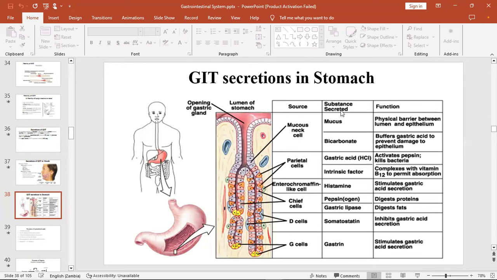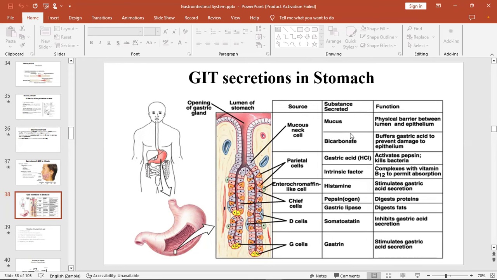What's the function? The mucus lines the GI tract to prevent it from being corroded or eaten up by the strong acid, which has a pH ranging from 2 to 4, that we're going to talk about. So it protects the epithelium of the gastric lumen.